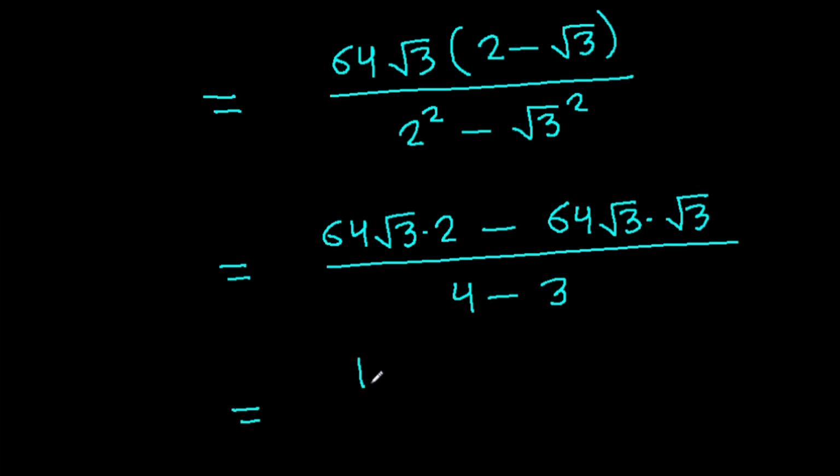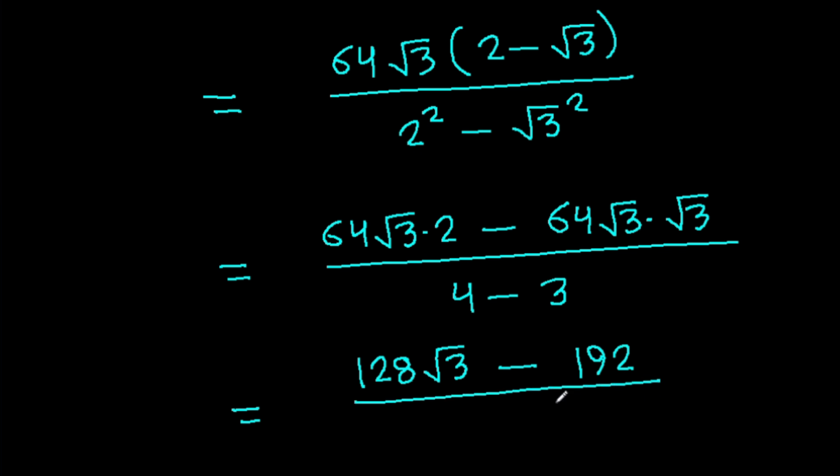and it is 128 root 3 minus 64 times 3. It will be 192 over 4 minus 3, which is 1.